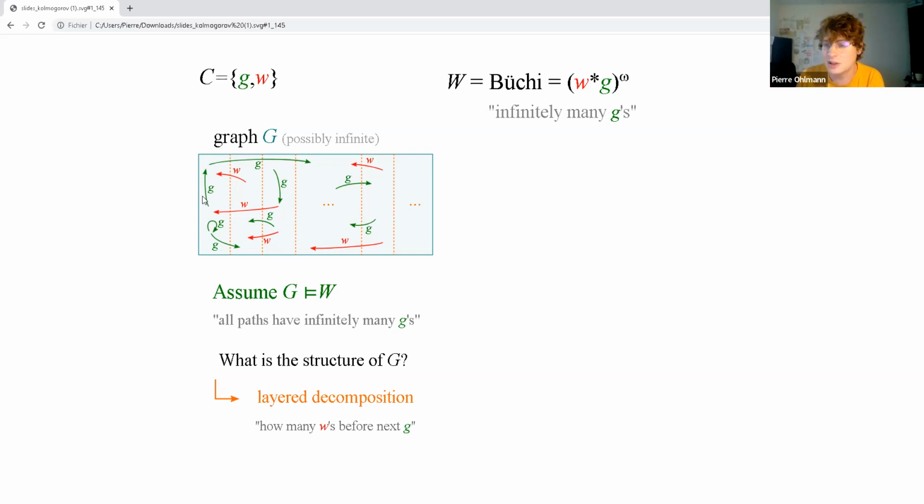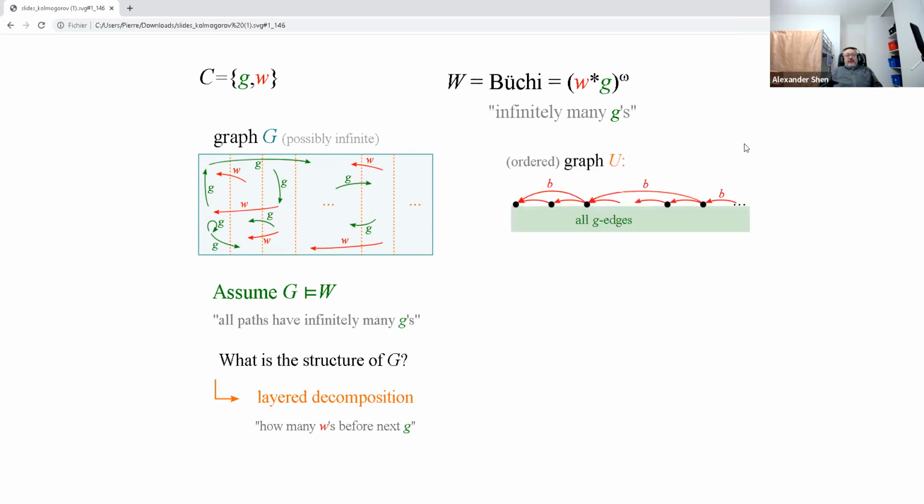So that's the decomposition: waits go down, and goods can do anything. Now you want to say that this corresponds to some universal graph. So here's the graph: the bad edges go down, and the good edges are everywhere.